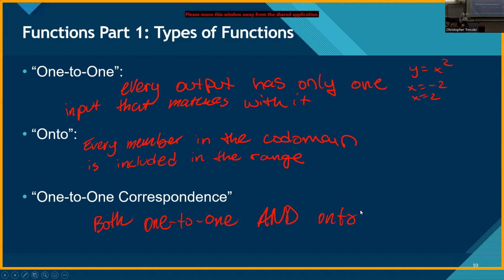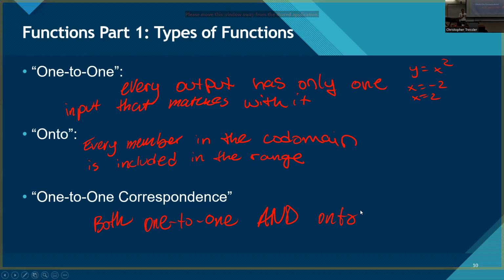Right, yeah, every input has only one value. Yep. Onto doesn't particularly mean there's one input on it. It just means that every output has at least one input. Yeah, but hold on, Miley, I'll finish. One-to-one is every input has one value.